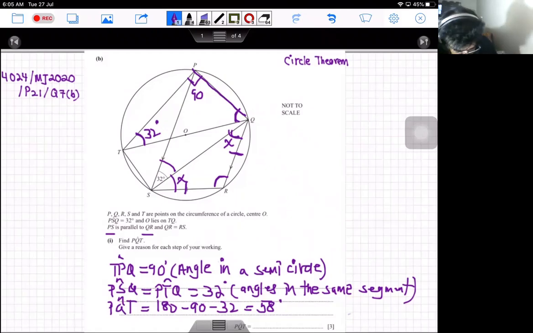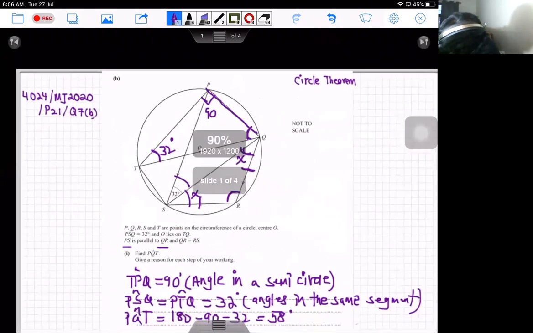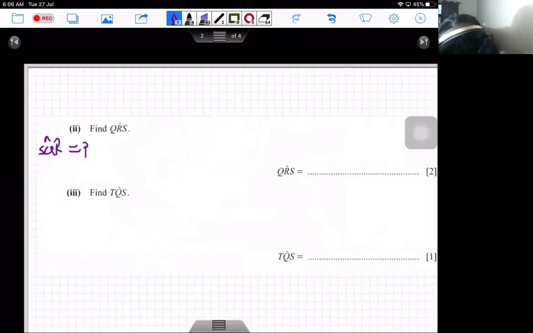So you can say that SQR is equal to angle PSQ, which is equal to 32 degrees. Alternate angles.